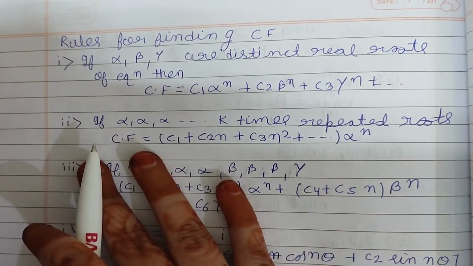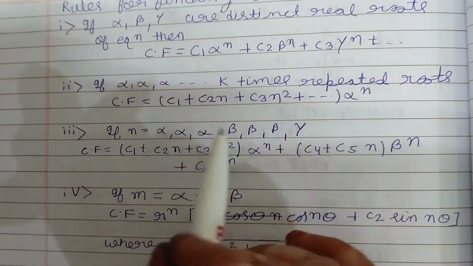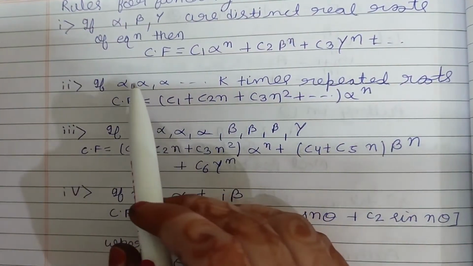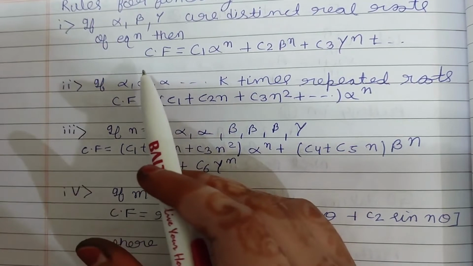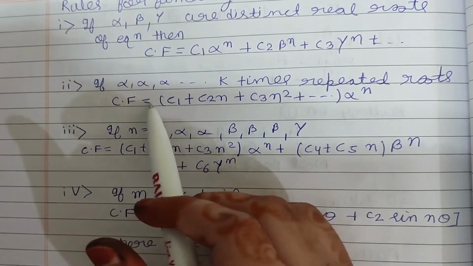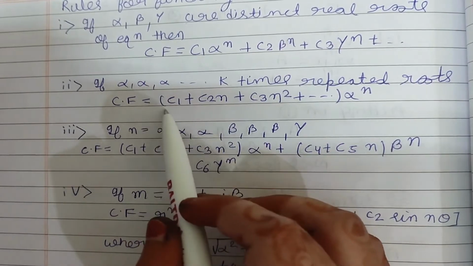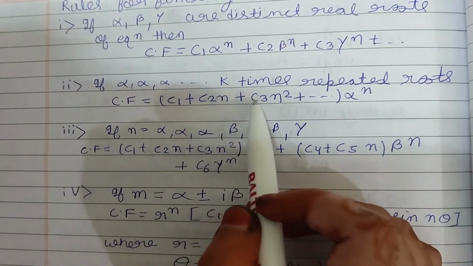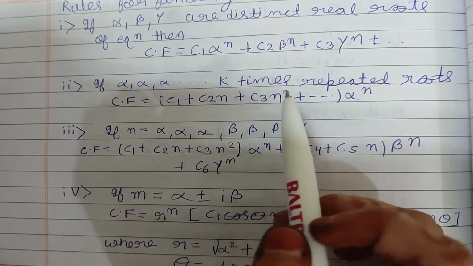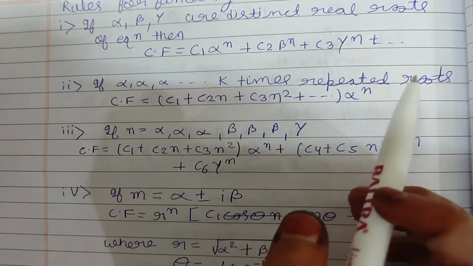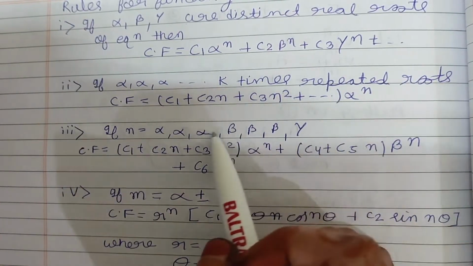So be patient. Now the second point is that if there are repeated roots, like alpha repeated k number of times, then the complementary form is C1 plus C2n plus C3n square plus C4n cube, like this it goes on, alpha to the power n.